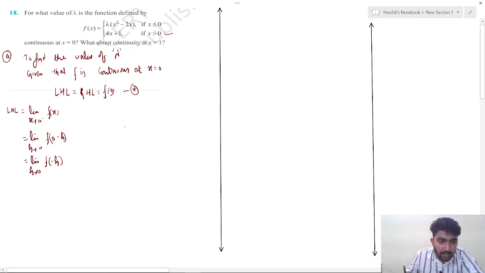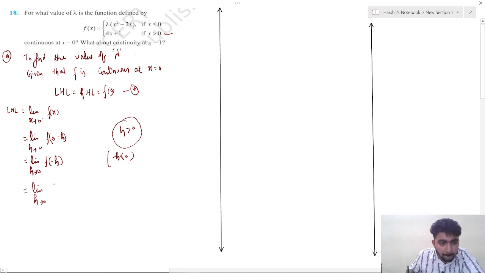As h is a positive quantity, but infinitesimally small, minus h becomes a negative quantity.